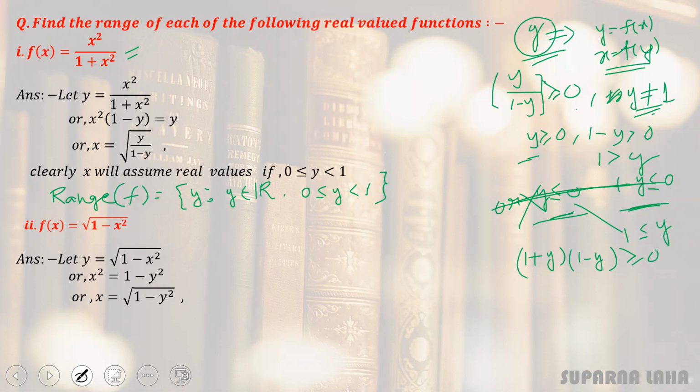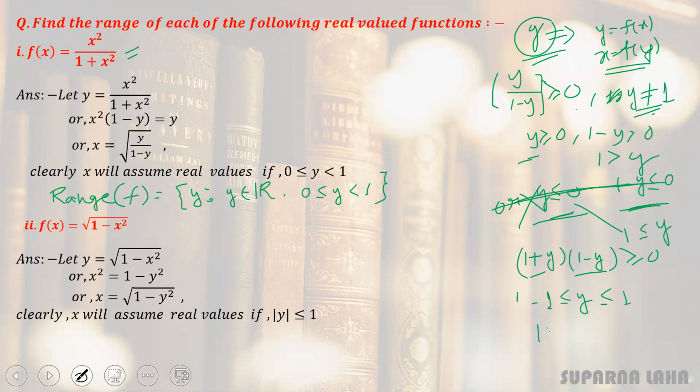Here for real value of x, these two factors are greater than or equal to 0. That means either both are greater than or equal to 0 or both are less than or equal to 0. So that means y belongs to minus 1 to 1, right? Or we can say minus 1 less than or equal to y less than or equal to 1. We can write this as mod of y less than or equal to 1.